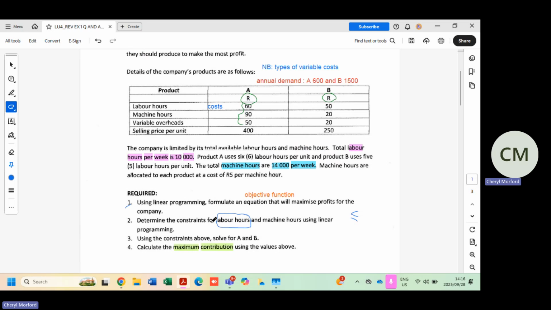And what we need here for the constraints is the amount of the input. We do not need the cost like we did when we worked out contribution. We need the amount of the input used in the production of 1 unit of each of the products. So we're going to need hours. Let's see if we can find any information.